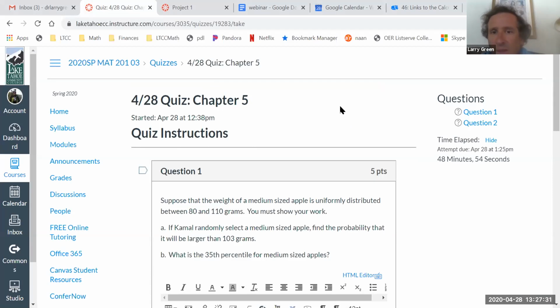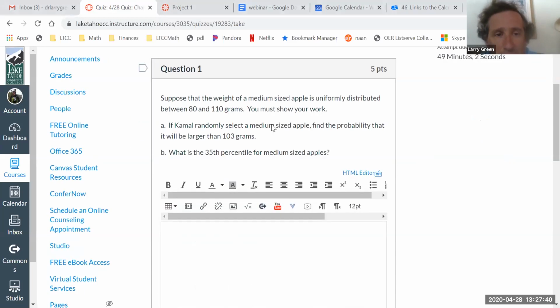Okay, so here is the quiz, and let's take a look at it. First thing, question 1. Suppose that the weight of a medium-sized apple is uniformly distributed between 80 and 110 grams. You must show your work.